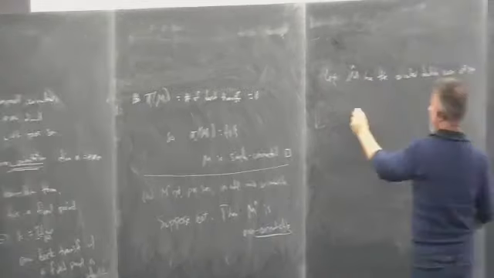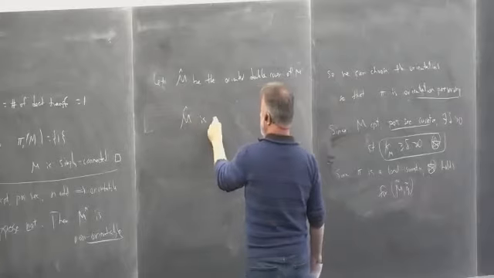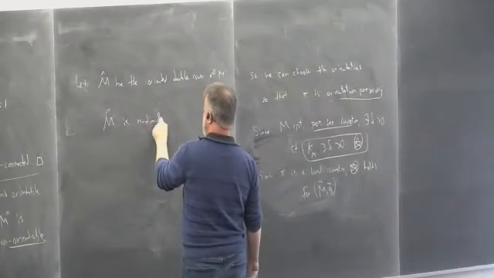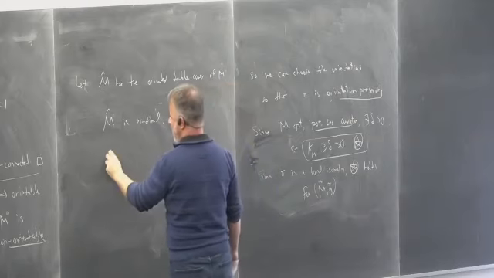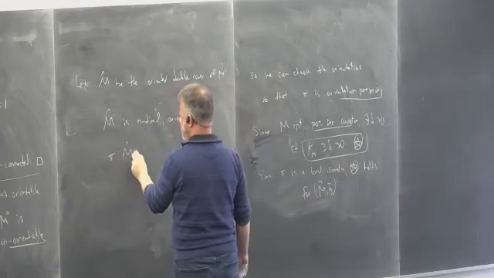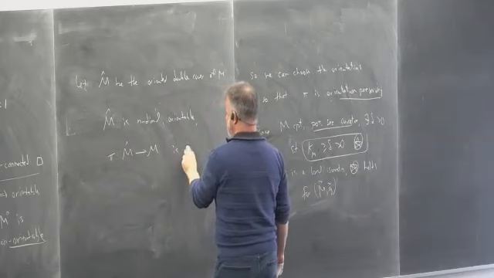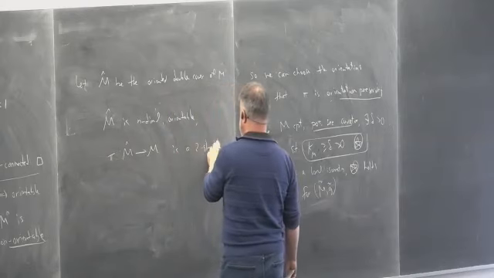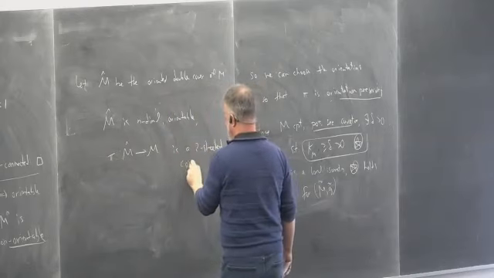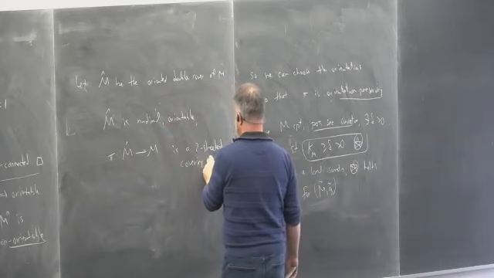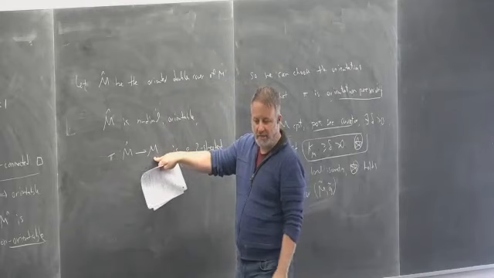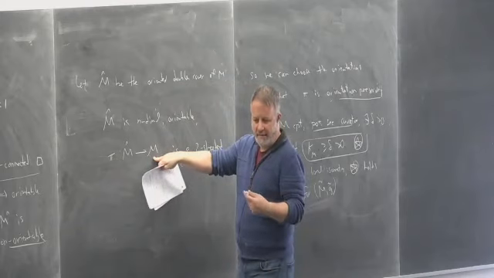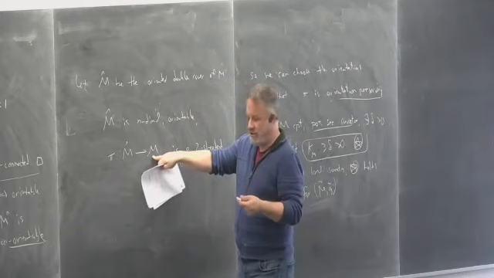So M hat is n-dimensional, orientable, and pi from M hat to M is a 2-sheeted covering map. The way this is defined is, if you want to define it locally, you cover M by local charts, and then you add to each chart.